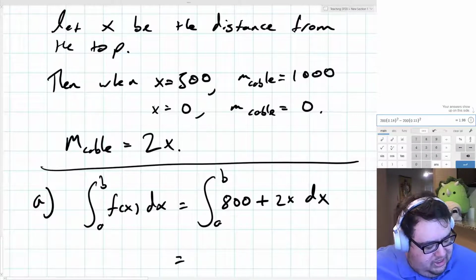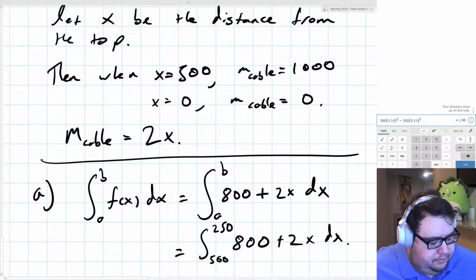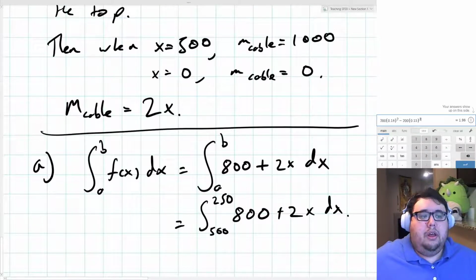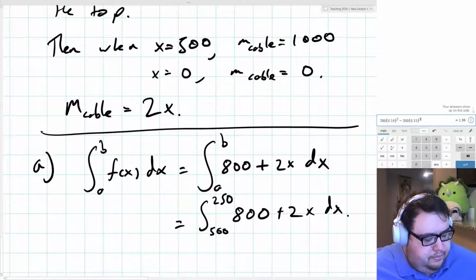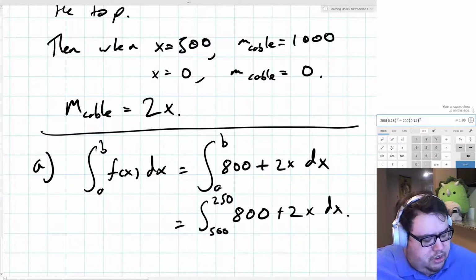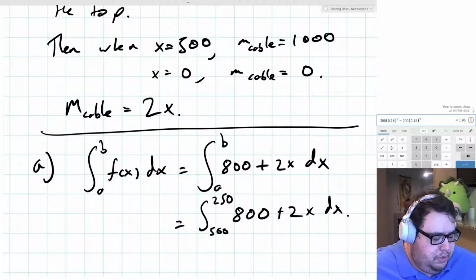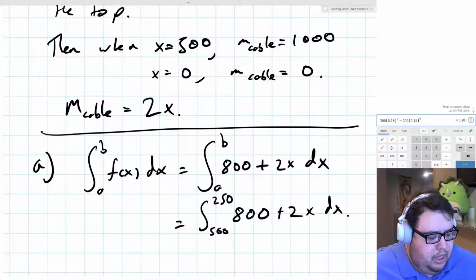So we're lifting it from 500 feet to 250 feet. This feels a little bit backwards because we're used to our upper bound being larger than our lower bound. There is a way to parameterize this that basically allows this to be the right way around, if you will.